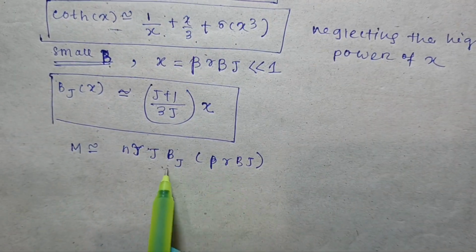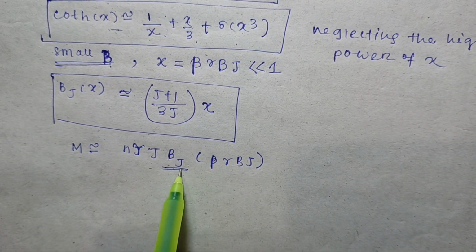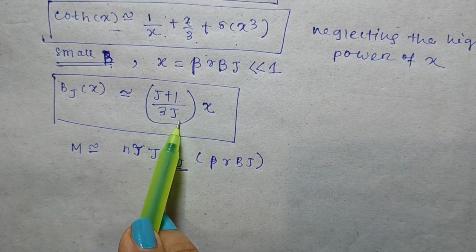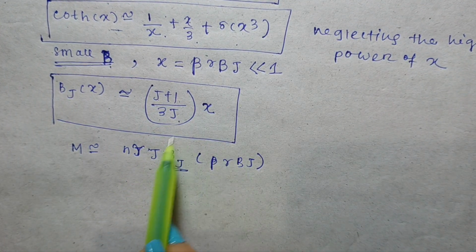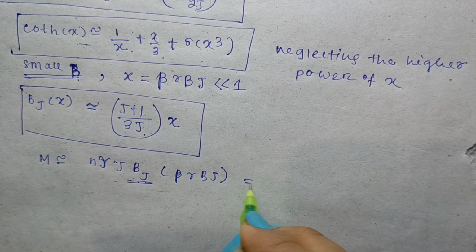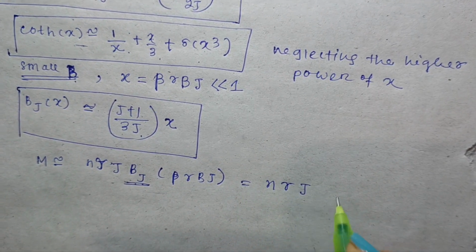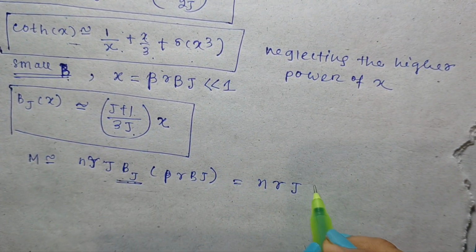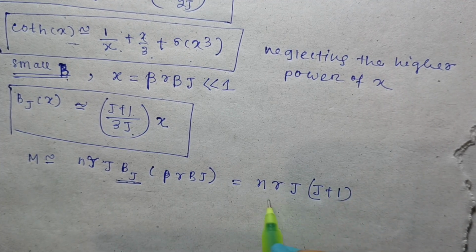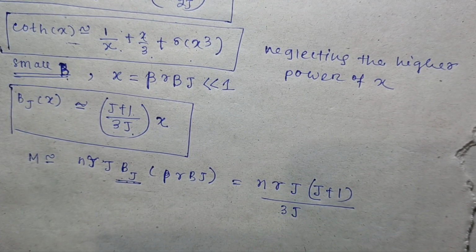Instead of Bj, I am just putting (j+1)/(3j).